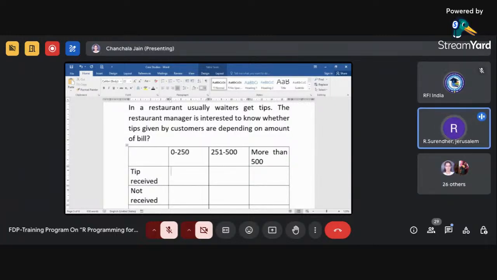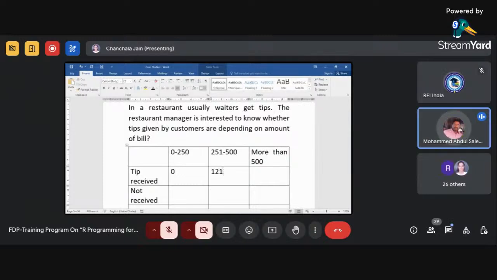Okay, ma'am. So maybe we can type 1 to 250 instead of 0. Yes, obviously, if they have not received, it will be 0. If it's 0, we have a separate row for 0, right? So 0 means not received only.